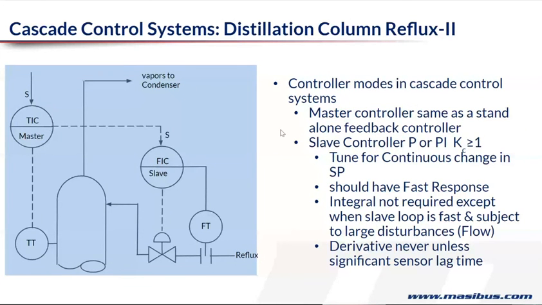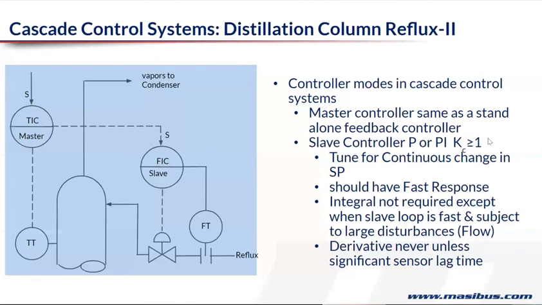Yeah, we were saying on this slide, controller modes in cascade control system. So I said for the master, you use the type and method same as what you would use as a standalone. Nothing changes. In the slave, because it is fast, you use it as a P or PI at the most. But you have to use a gain which is more than 1.